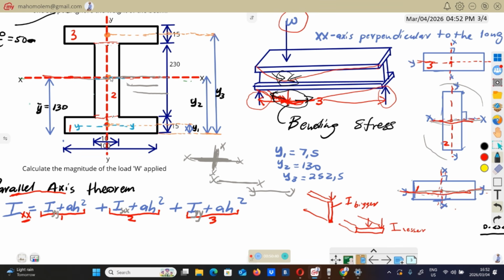I'm on box number 2. The horizontal line for box number 2 is this one here, this XX. I'm going to box number 3, this one. Through the center line, the horizontal line is YY.